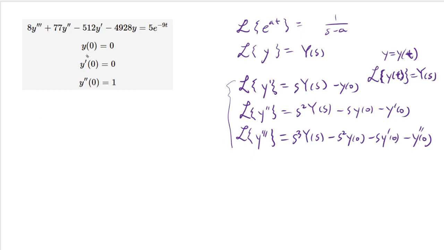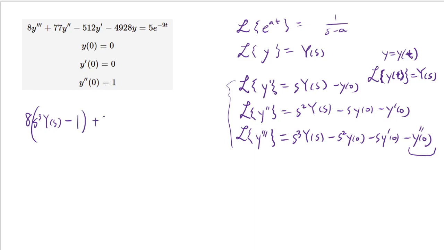And because y of 0 is 0 and y prime of 0 is 0, the only thing that gives you something that's not 0 is this one. So that's 1. And therefore, when you do 8y triple prime, you get 8 times s cubed Y of s, and you get minus y double prime of 0, which is 1.